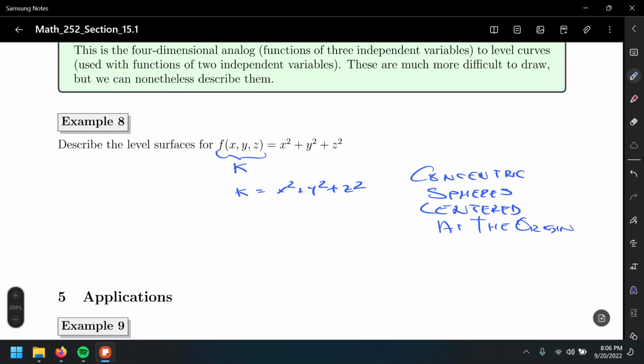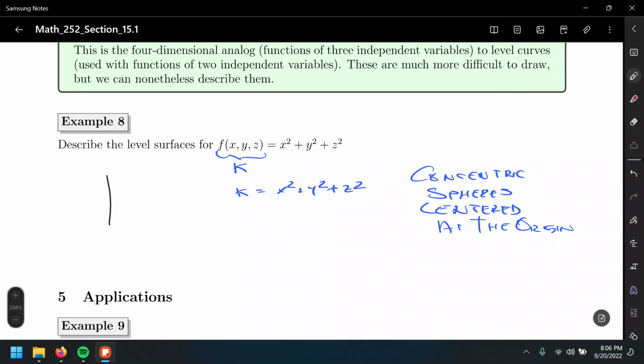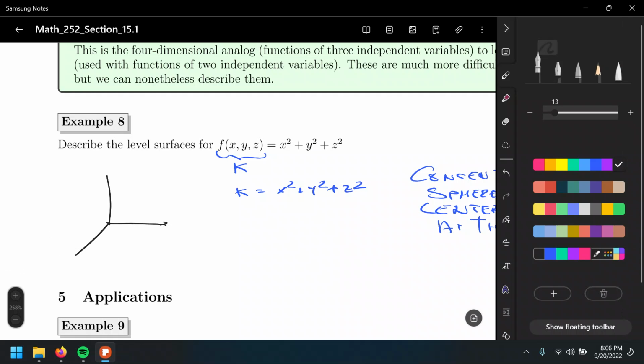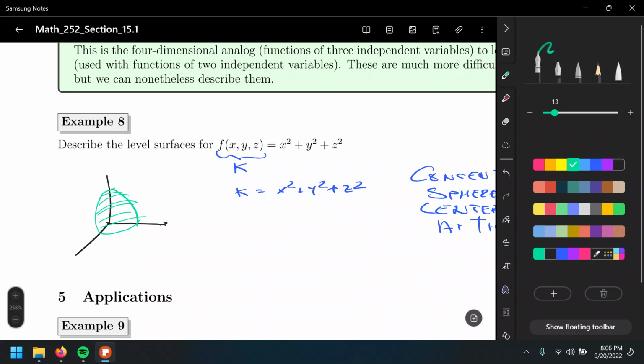Right? So, let me try. I know this one is not going to come up pretty. For different values of k, let me do one sphere, and only in one octant. So I'm going to get this circular shape, sort of. And outside, rather, a larger sphere, maybe.